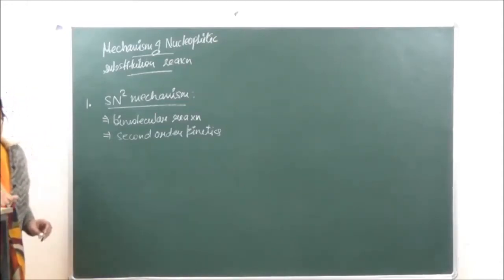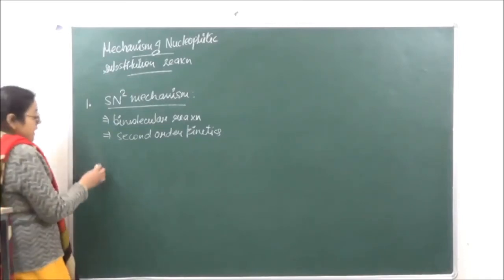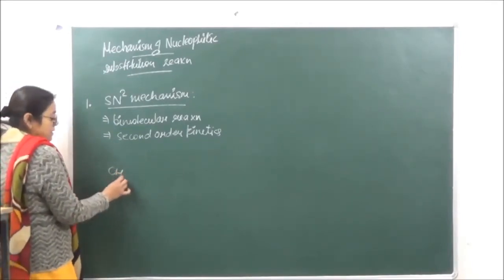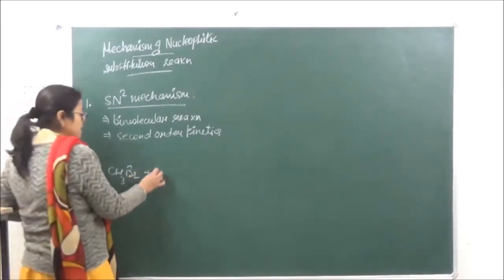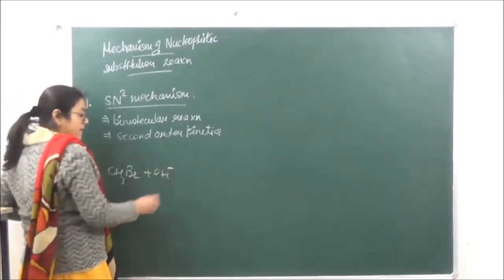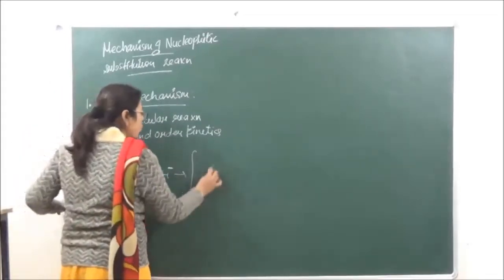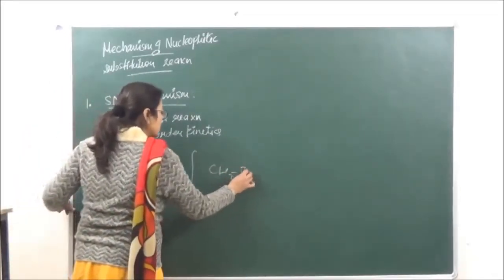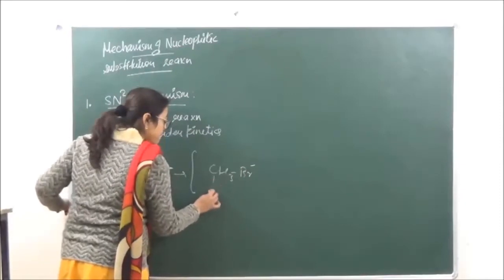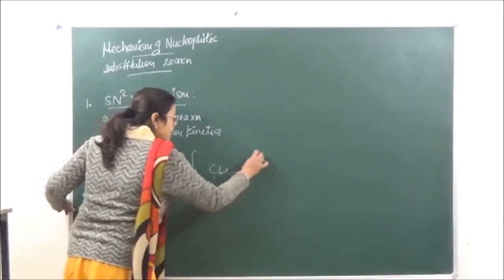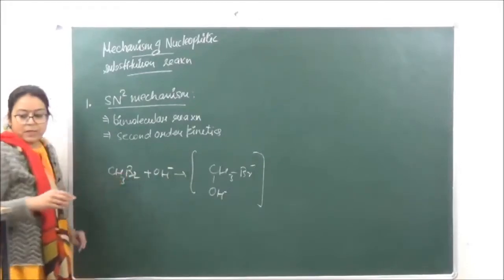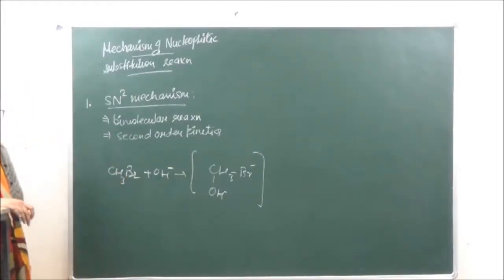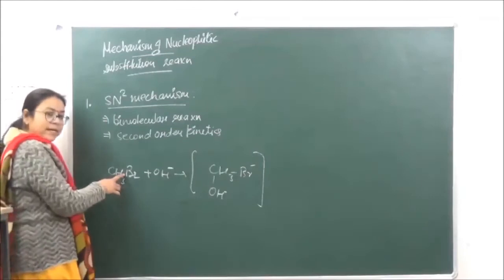Okay, so let's see what is happening over here. If in case we are having, say we have CH3Br और इसके साथ हम OH negative को अटैक करते हैं, this is going to give us an intermediate formation. Now you know over here that bromine over here, that is going to be negatively charged.